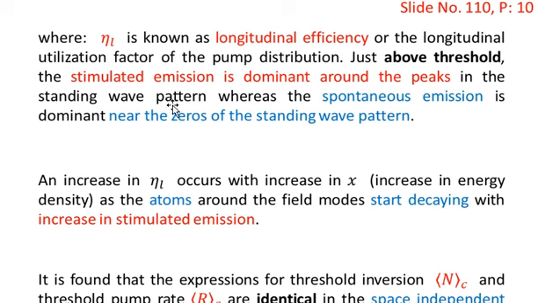And in the standing wave patterns where we have the minima, the spontaneous emission is dominant near the zeros. And here eta L is known as the longitudinal efficiency, and it takes care of the longitudinal utilization factor of the pump distribution.